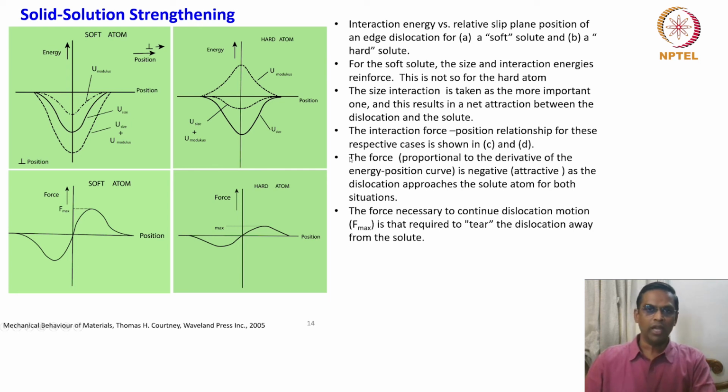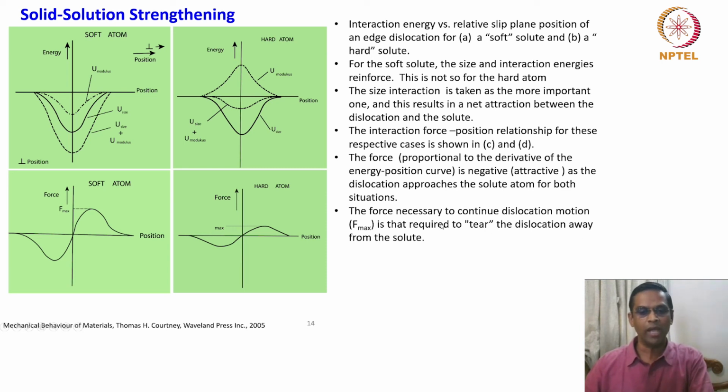We are talking about the interaction energy of the solute with respect to dislocation position. They are interacting, they are holding together, whatever happens. But if the dislocation has to continue to move, surpassing these obstacles, then that force has to tear the dislocation away from the solute.